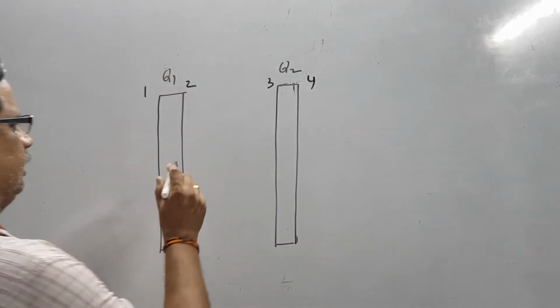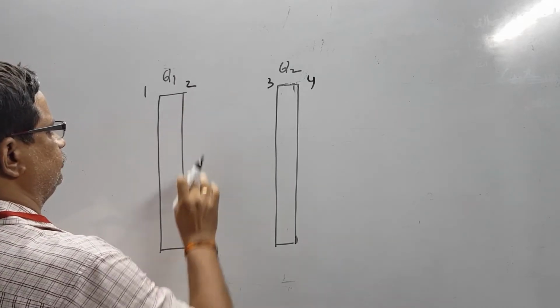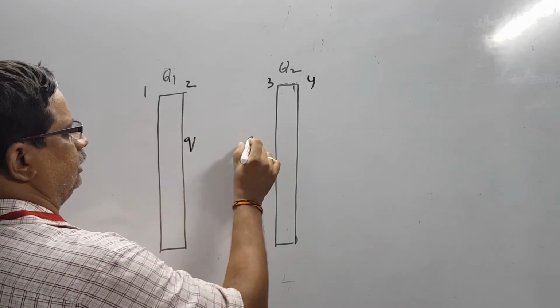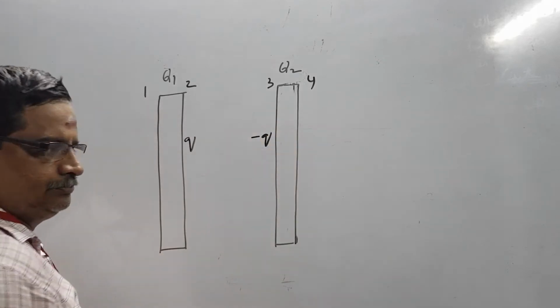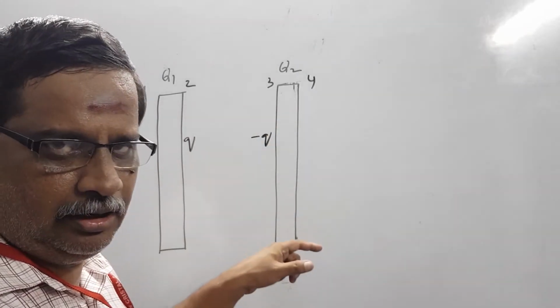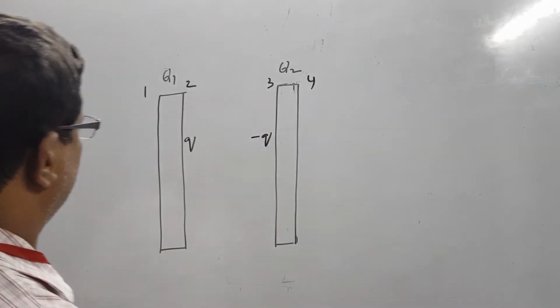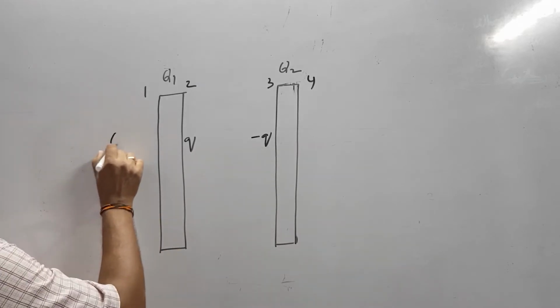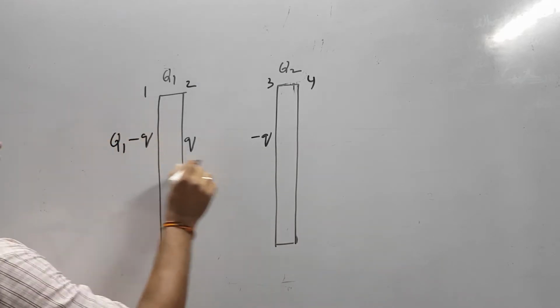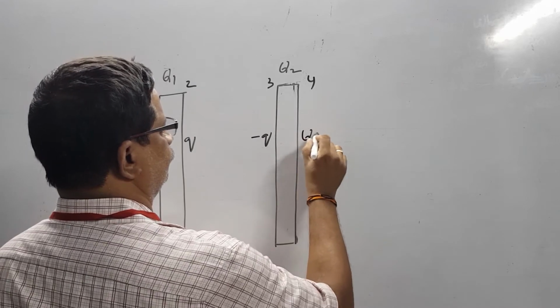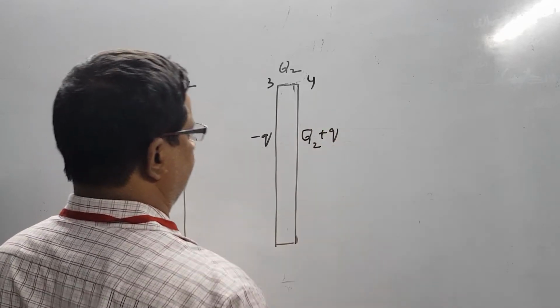So we assume that the charge appearing on the surface 2 is Q. Then this should be minus Q. That result we obtained a little earlier. Now by the conservation of charge, here you must have Q1 minus Q, and here it should be Q2 plus Q.